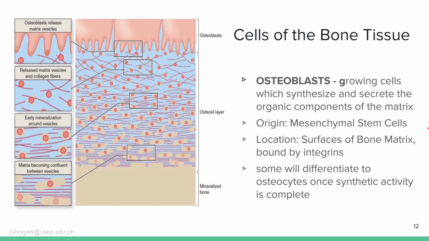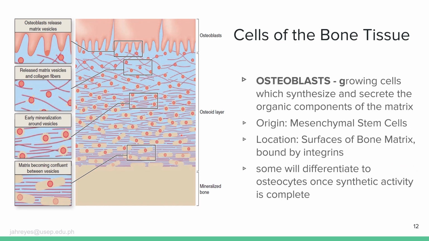So what is the origin? Mesenchymal stem cells or osteoprogenitor cells, and they are found in the surfaces of bone matrix and are bound by integral proteins. Some will differentiate into osteocytes once the synthetic activity is completed.